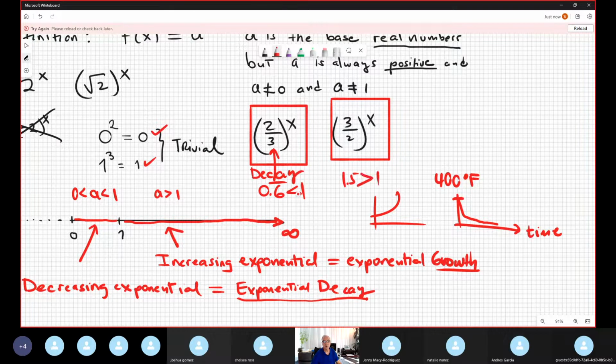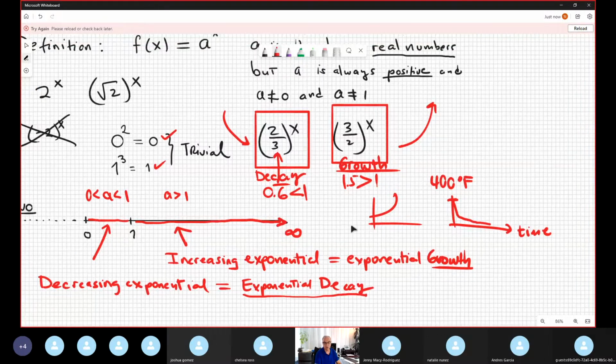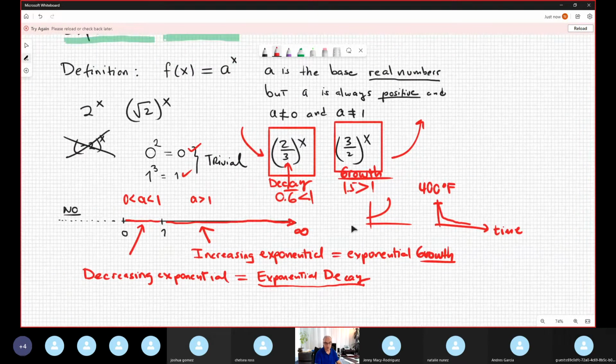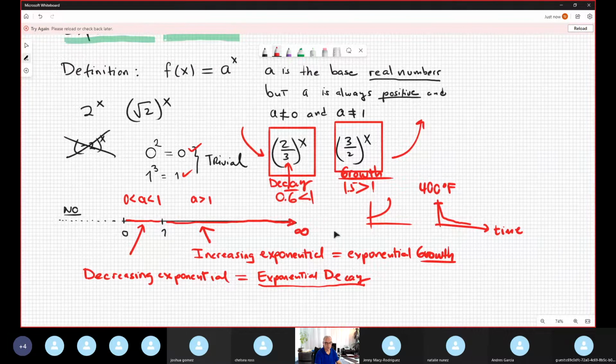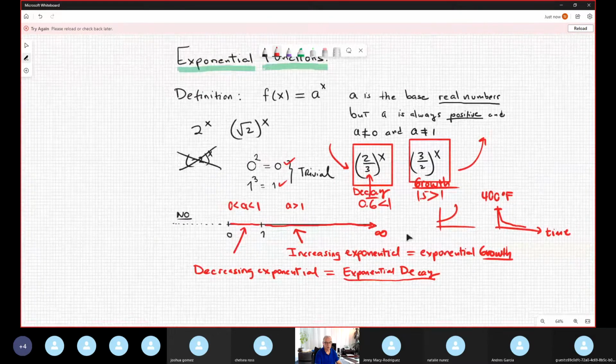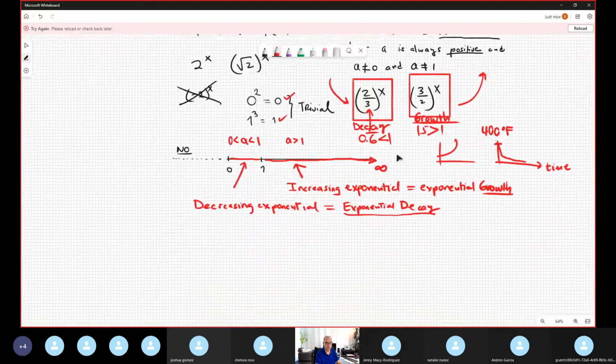And 1.5 is greater than 1. This exponential is growth. Exponential is going up. And this is going down. Okay. I want to discuss in the detail how going down and what is the boundary, but it's not important now. You understand very well definition? Two kinds of exponential we have. Growth and decay.